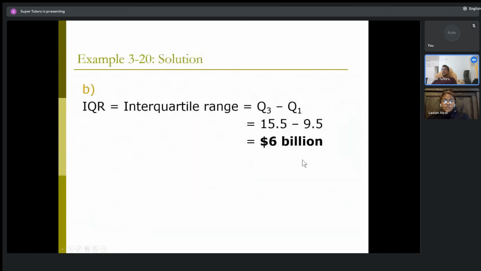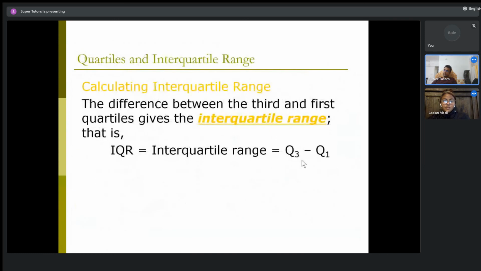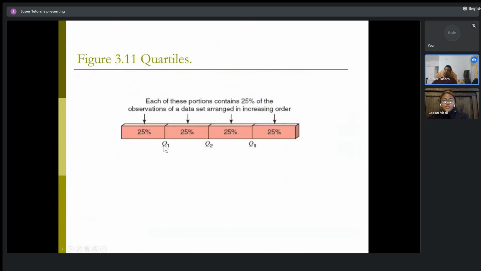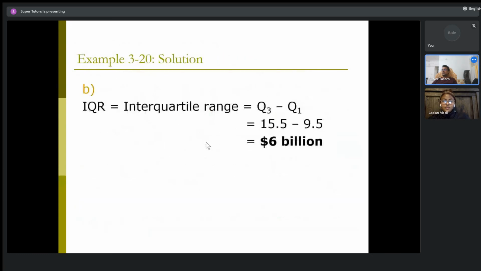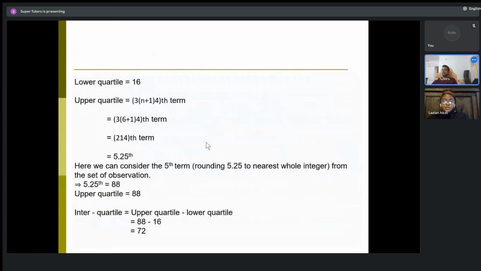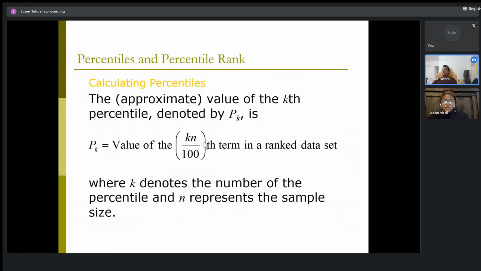Similarly, to cut a cake into 4 equal parts, you need 3 cuts. First cut Q1, second cut Q2, third cut Q3. You understand the correlation between quartiles and percentiles? Perfect. So, how do you calculate the kth percentile?